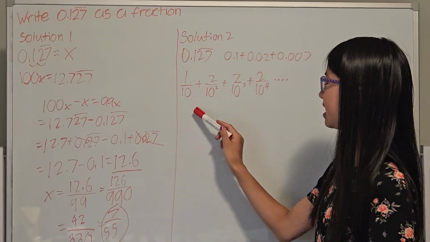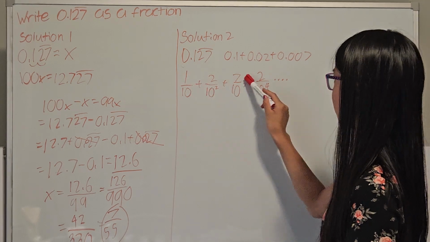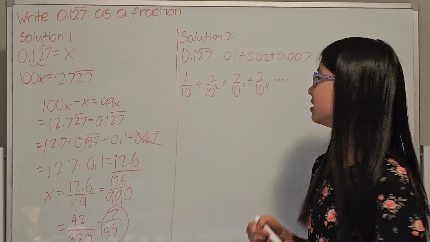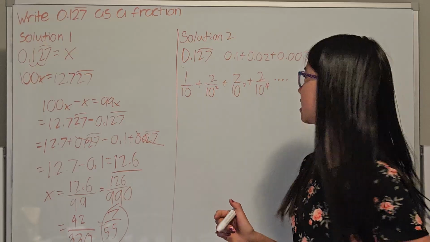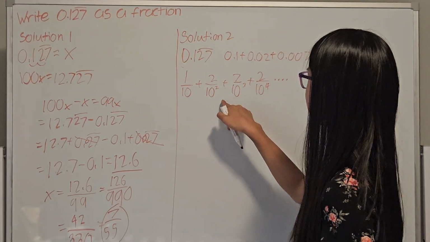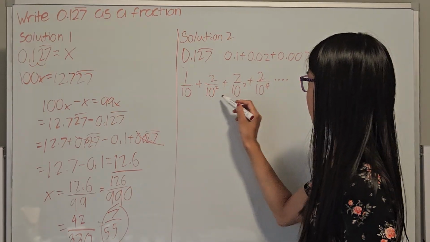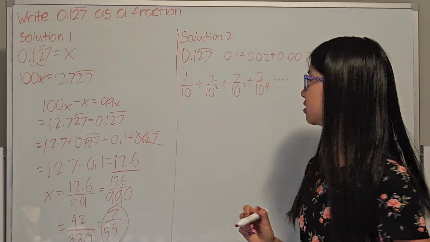And 1 over 10 is not part of it because it's not part of the 2727 pattern. So in order to add the numbers up, we need to turn the denominator into the same.